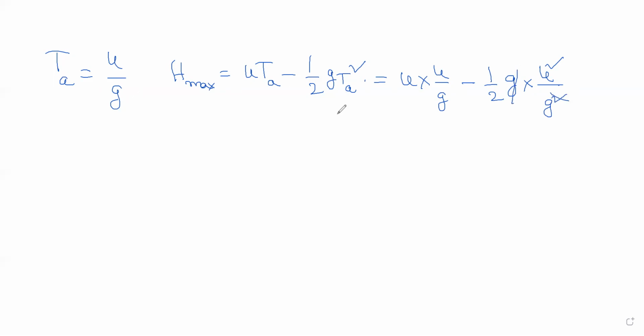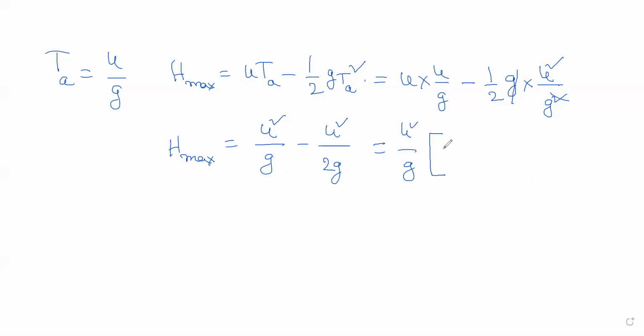G gets cancelled. So you get H max as u square by g minus u square by 2g. Let's take u square by g common. 1 minus half is what you get.